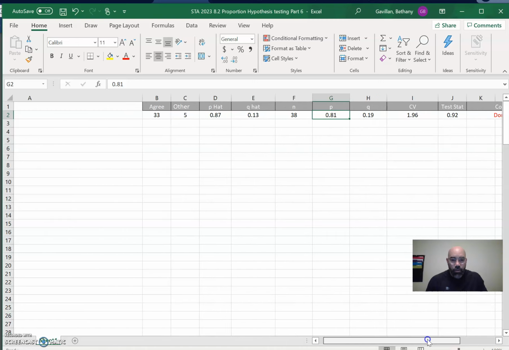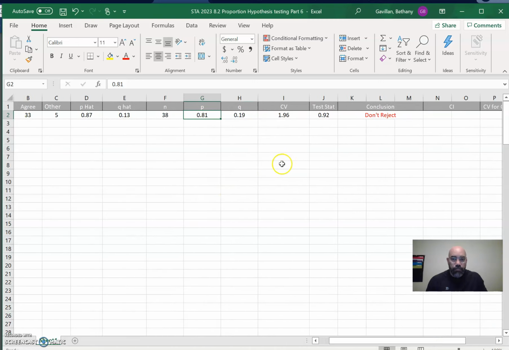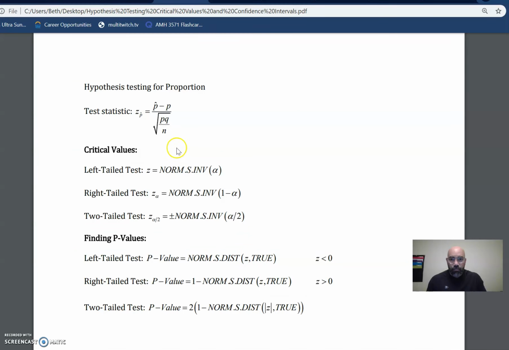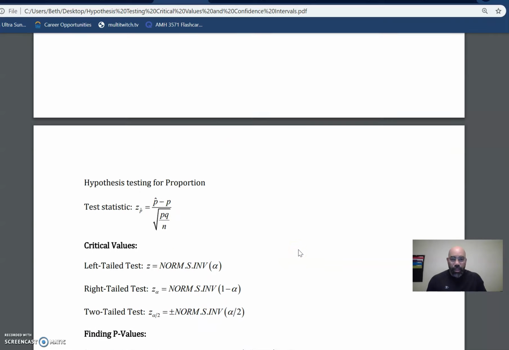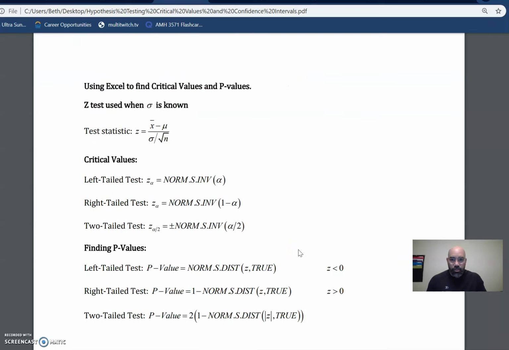Now, if I go along in this particular spreadsheet, I can see that my critical value is plus or minus 1.96, and again, this is what you're doing, but the nice thing about it is that you don't really have to figure that out because the Excel sheet does it for you.